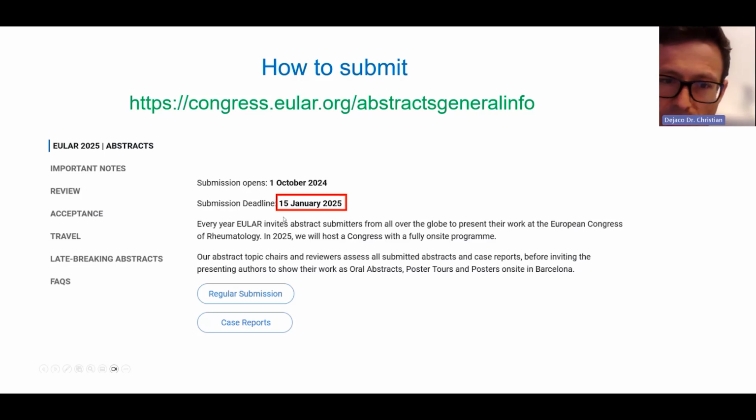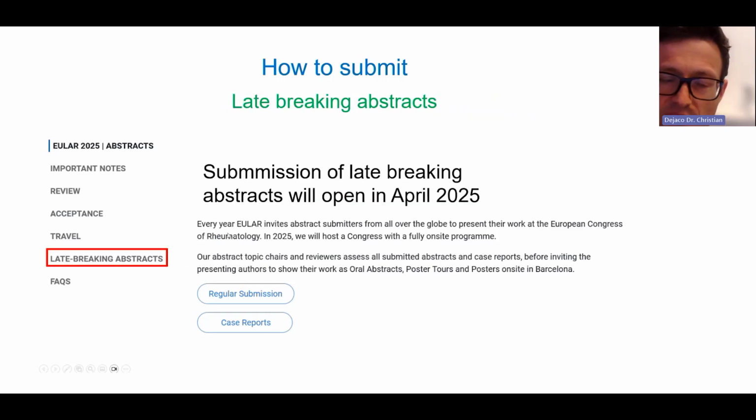Then you see here on the left side also another line which reads as late-breaking abstracts. So actually the late-breaking abstracts will open after the regular submission and also after the regular selection process. It will open in April and will be open for around 2 weeks.